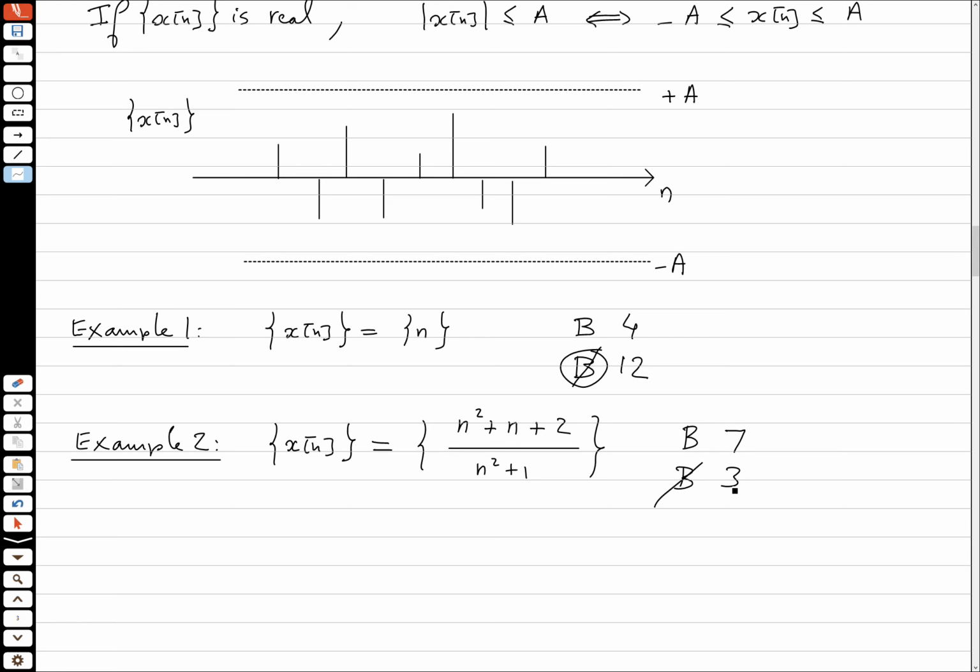All right, so do you know what is the limit of x of n when n goes to infinity? When n goes to plus infinity, where does it end? Where does it go?